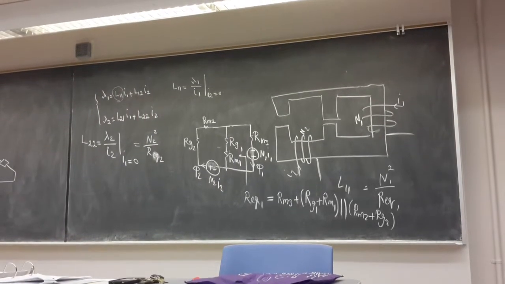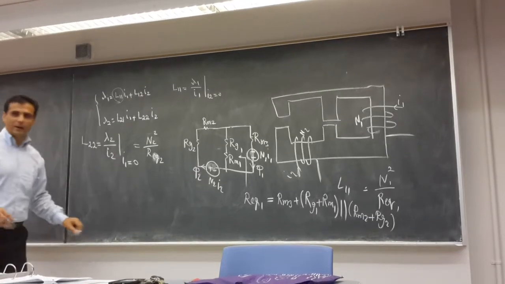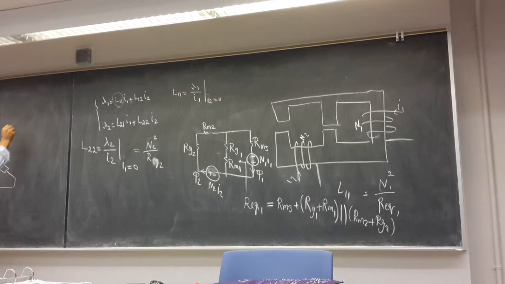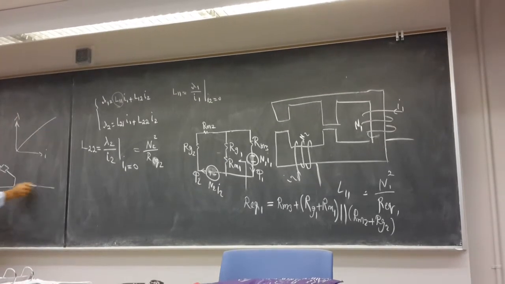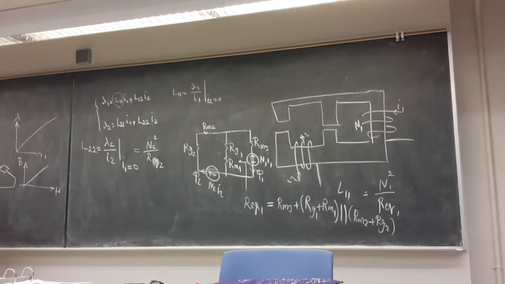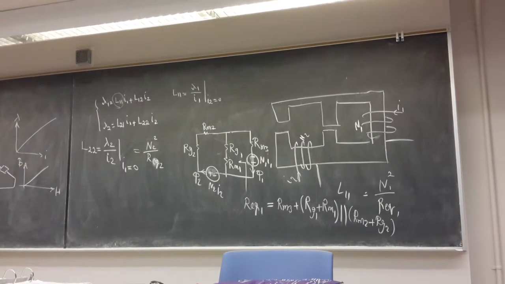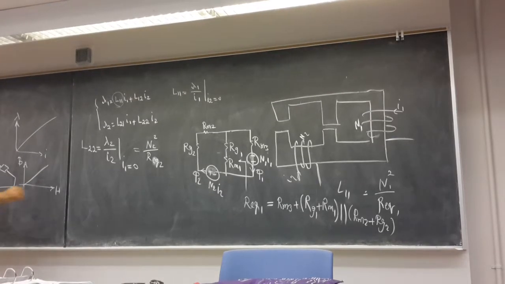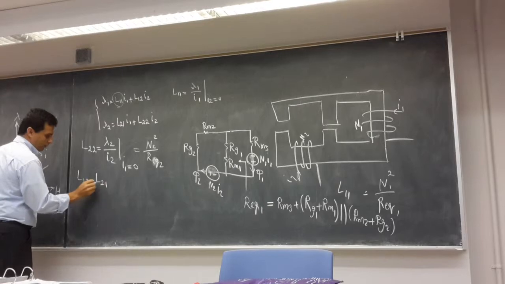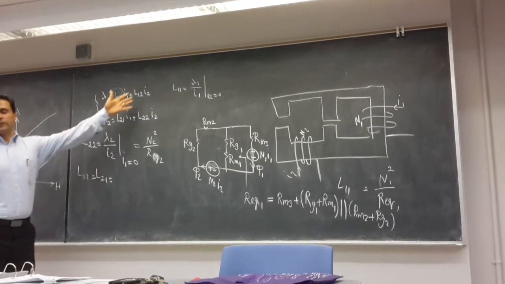Now, usually if the system is linear, which means the Li curve, lambda versus I, or BH curve, doesn't matter, when it's not bending, you know what I'm saying? L12 and L21 are equal. You can use either equation.